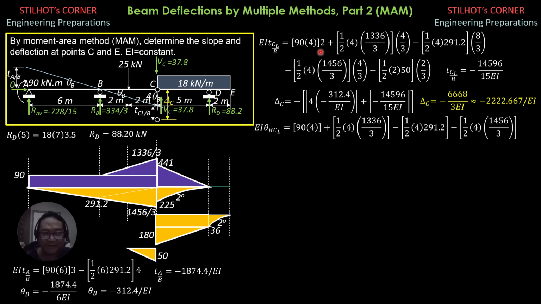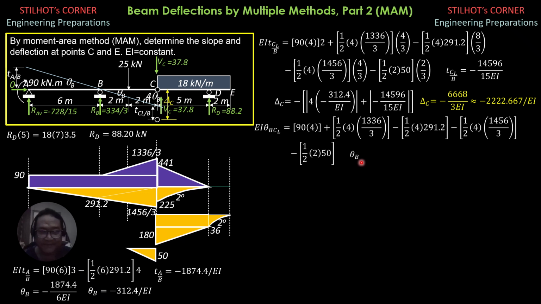So 90 times 4, 1/2 of 4 times 1336 over 3, minus 1/2 of 4 times 291.2, minus 1/2 of 4 times 1456 over 3, then minus 1/2 of 2 times 50.